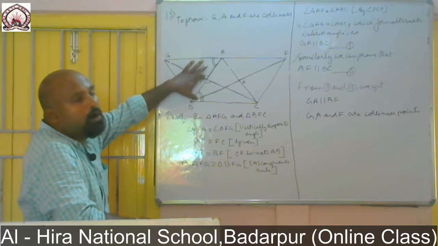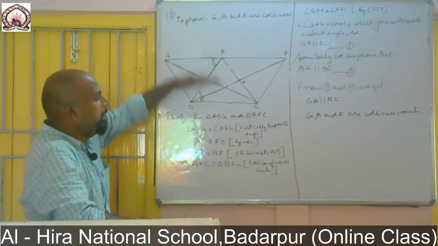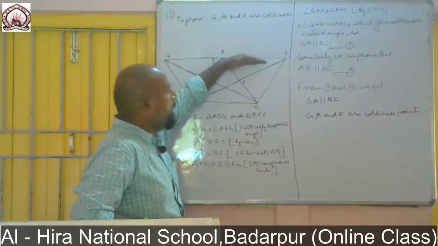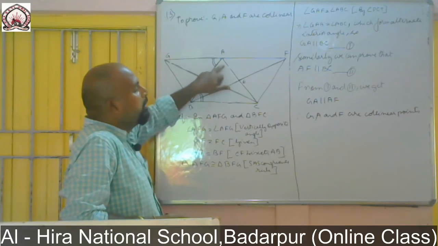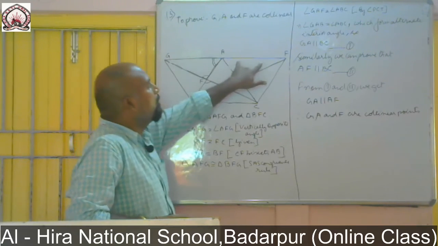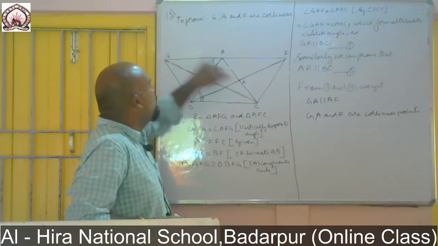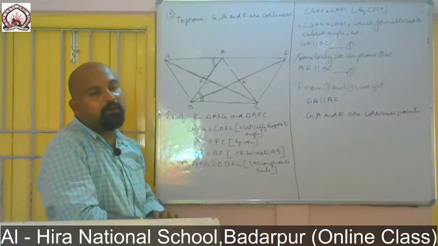They form alternate interior angles. So we can write GA is parallel to BC. Similarly, we can prove that AF is parallel to BC. Now A is the common point. So GA is parallel to AF, and A is the common point. So G, A, F are collinear.